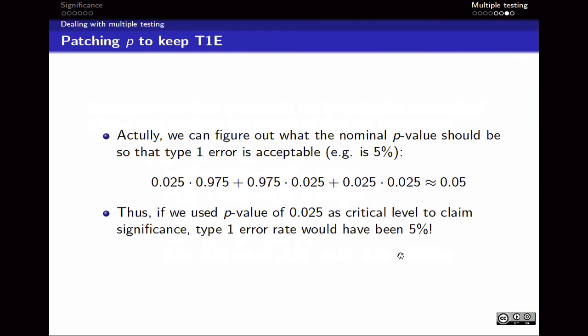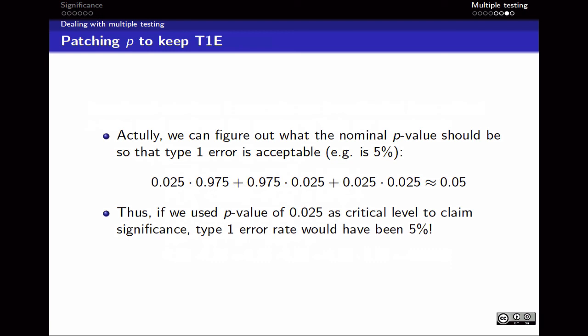Keeping this in mind, we can actually figure out what the nominal p-value should be so that the type 1 error is acceptable. Because again, we are not interested in the nominal p-value for a single test. We are interested in keeping the type 1 error under control in our whole experiment, and usually the desired type 1 error rate should be 5%.